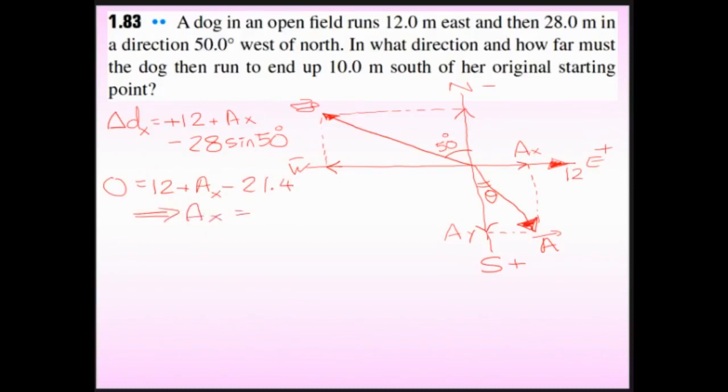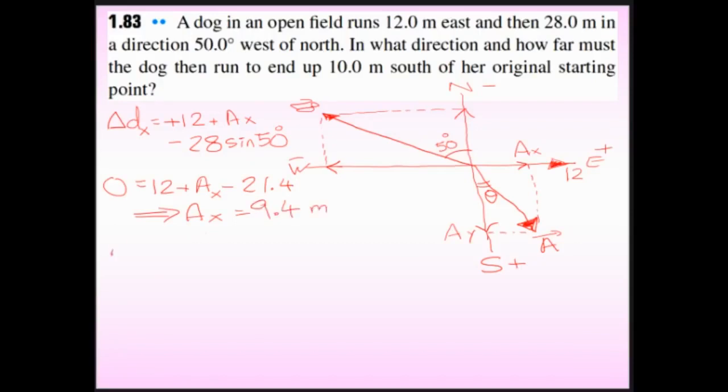Come on. Solve for ax. You're going to move this one here and this one here. 9 point. Perfect. Let's do the delta dy.